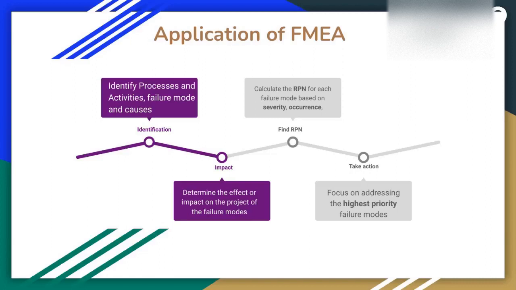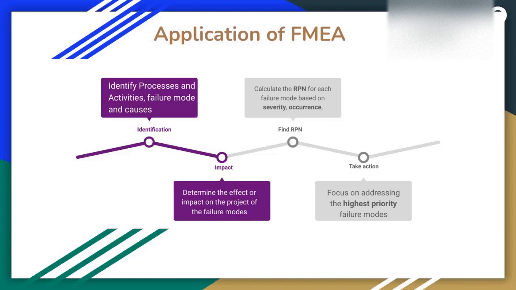Okay. I have mentioned this in a diagram here. So this application of failure mode and effect analysis can be like a 4-step process, right? The first step is the identification part. So as a project team, you are identifying the processes, the activities, the failure modes, and what is causing them. So this is the identification phase. You are gathering all this information through brainstorming, through root cause analysis, and all these other techniques that we discussed.